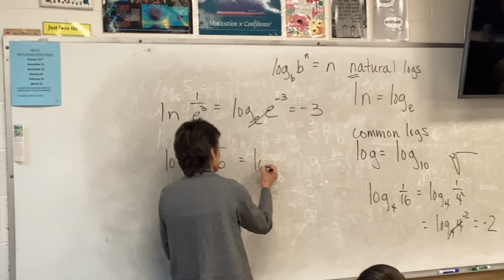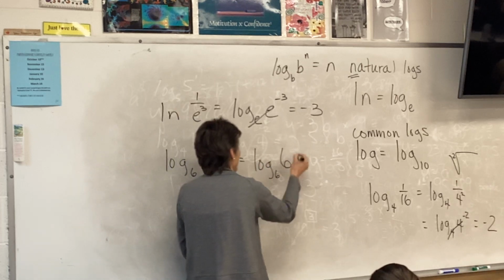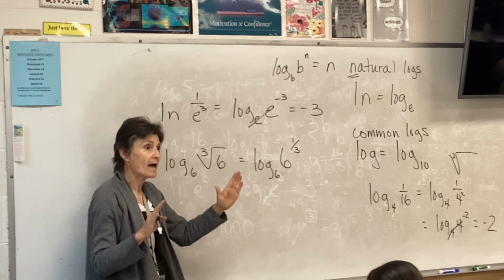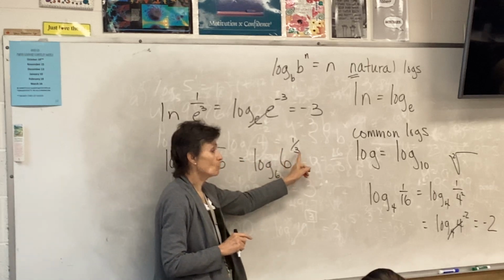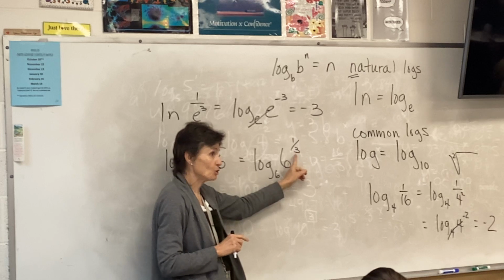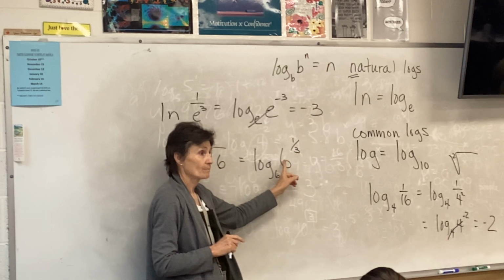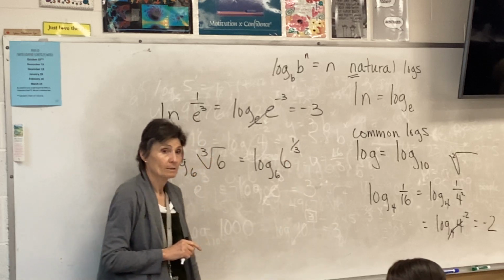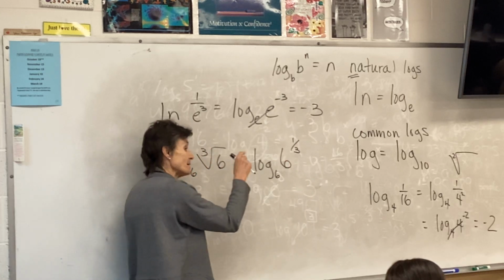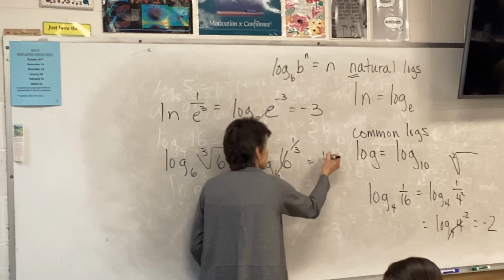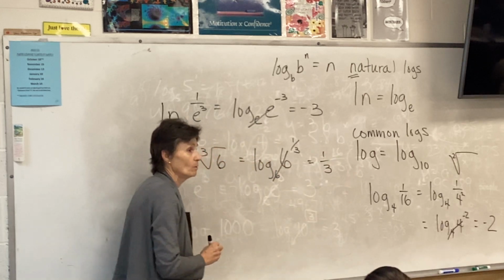So this is the log base 6 of 6 to the 1/3. Before you start freaking out, doesn't 6 to the 1/3 mean the cube root of 6? Oh, yeah. But we need to write it this way so that these will cancel, and we can see that the answer is 1/3.